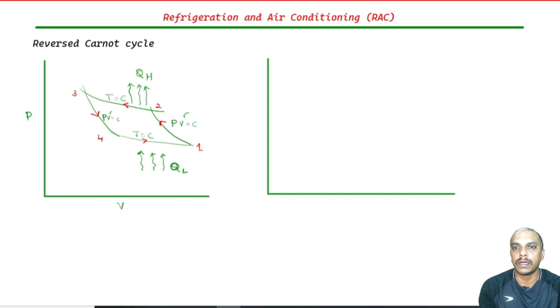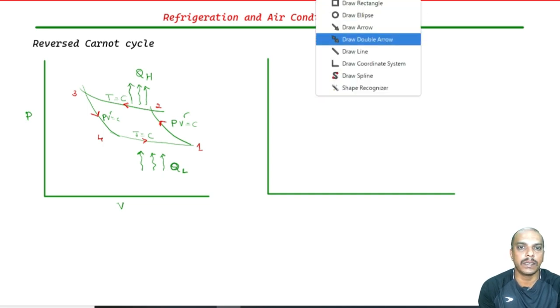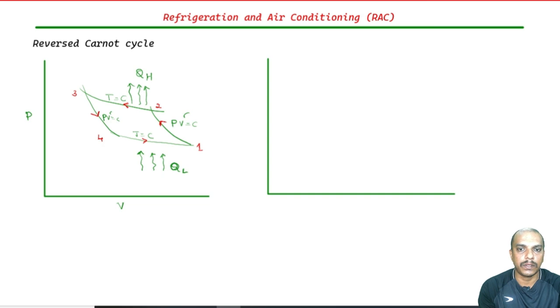Now, how does it look in a TS diagram? It is quite easy in a TS diagram. So, this is the temperature versus entropy diagram. You have 1 to 2 which is reversible adiabatic or isentropic. So, the isentropic process, PV^gamma constant, or if it is reversible adiabatic, entropy is also constant. So, it looks like this.